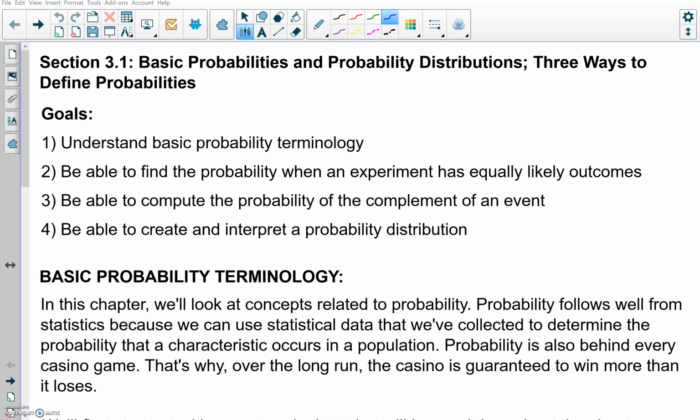And the probability distribution is going to look a whole lot like a relative frequency distribution that you saw in statistics. If you squint, you won't be able to tell the difference between the two. Because basically with your relative frequencies, you made fractions.